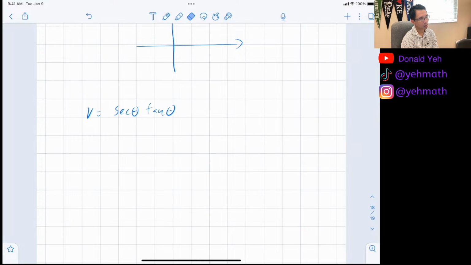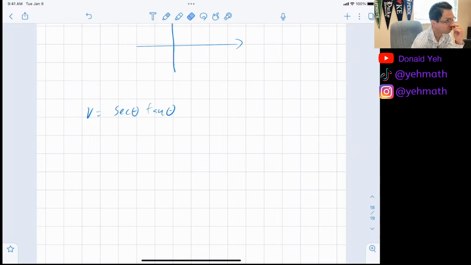Okay, so that would be x over cosine. Sine over cosine squared. Is it x squared? Cosine squared equals. How would one go about solving this problem?